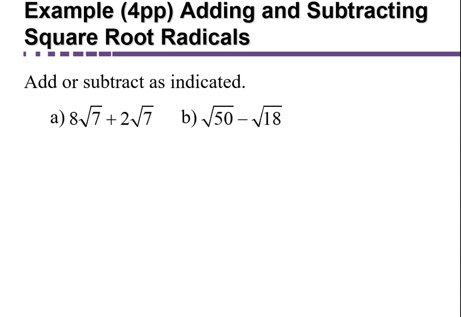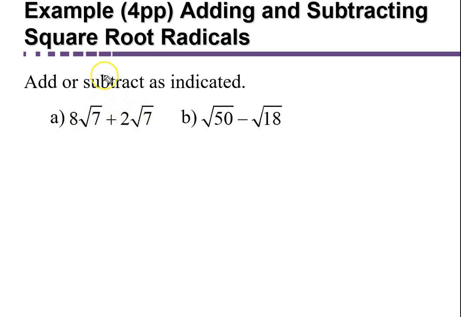Okay, so for example 4 PP, we want to add and subtract square root radicals. Now, keep in mind, again, you're learning some of the methodology for mathematics. Here we have 8 square root of 7 plus 2 square root of 7.